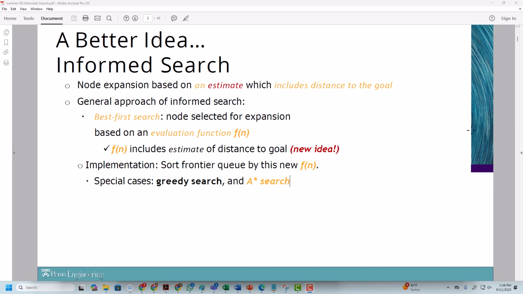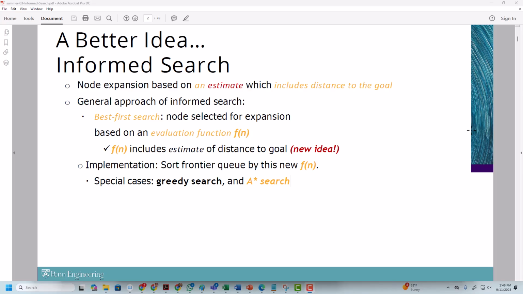Now that we have studied uninformed search, let's turn to informed search strategies. Unlike uninformed methods, informed search uses extra knowledge about the problem beyond just the initial state, actions, and the goal state or the goal test.